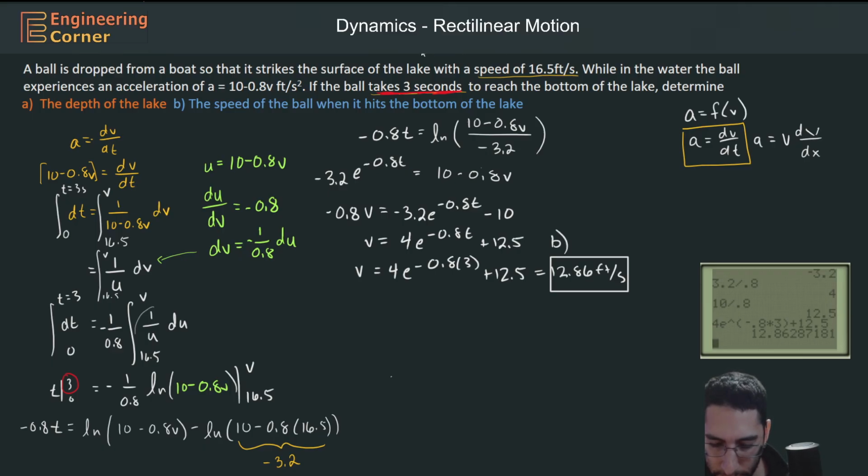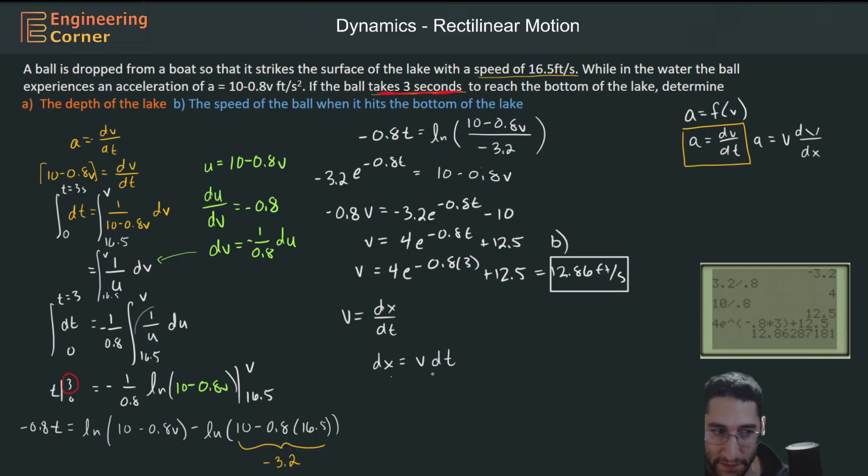So if we say velocity is dx dt, right? We now say dx is equal to v dt.